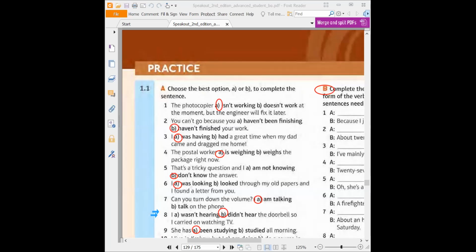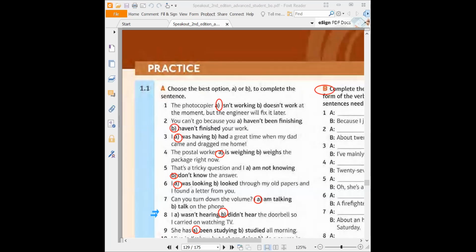Well, here hear is a stative verb, and we usually use it in the present simple form. It means something else when you say hearing in the past continuous. Hearing means the sense of hearing, okay? But when you want to use it as a verb, you just say, I didn't hear you.